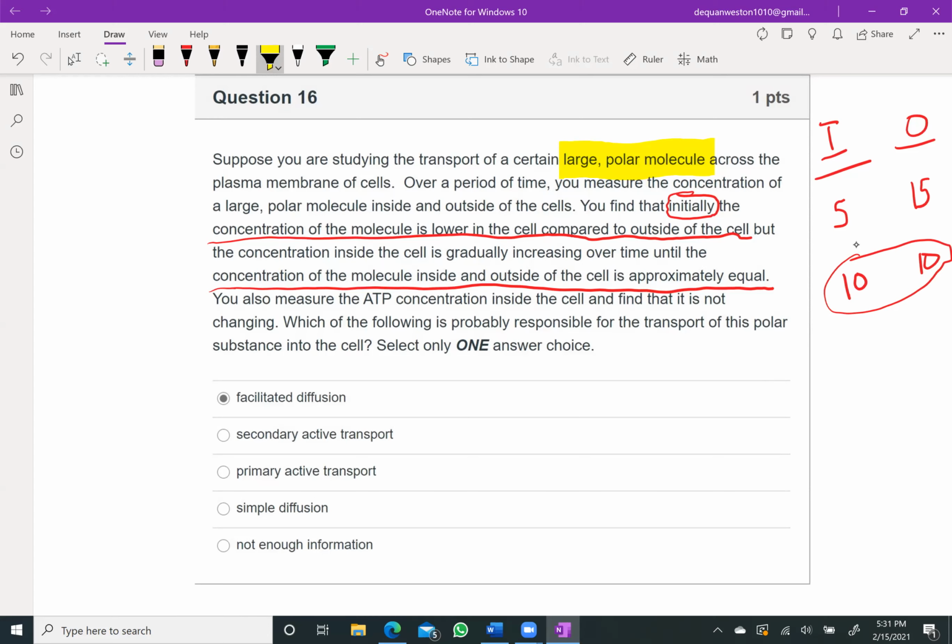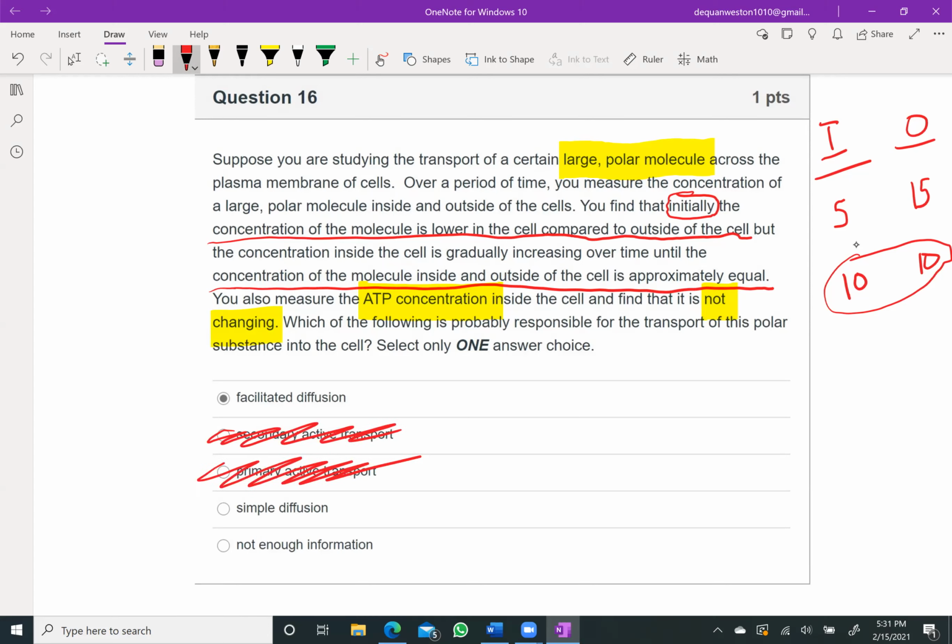Okay, so now let's get the second piece of information. You also measure ATP concentration and find that it's not changing. So because ATP is not changing, this further backs what we initially thought, that we're not working with a pump here. So we know that this isn't active transport because ATP is staying the same.